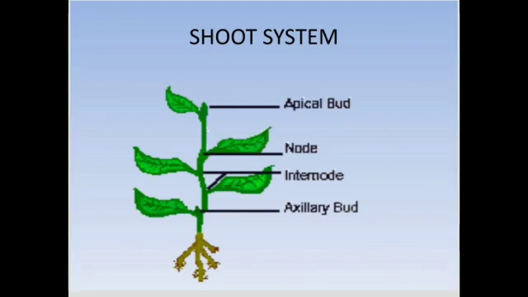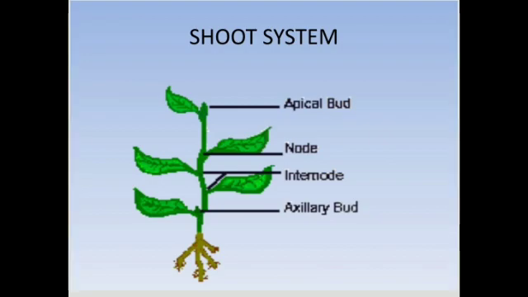Nodes are the parts of the stem where leaf arises. So, where leaf arises, that part we call the nodes. The part of the stem between two successive nodes is called internode. You can see in this picture nodes and internodes.